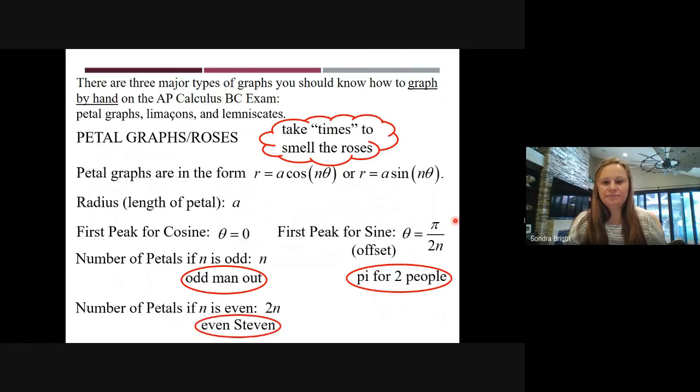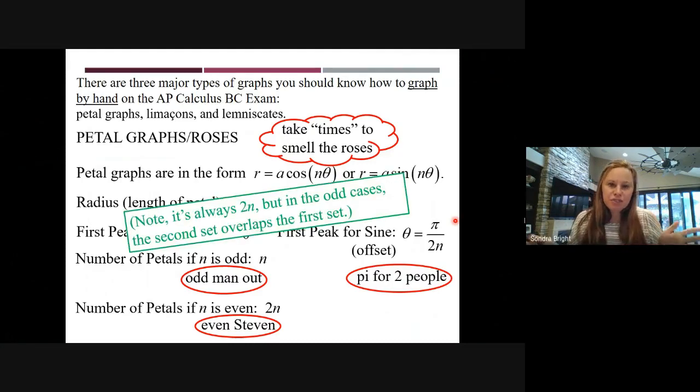Even Steven, Steven's got 2 friends. So if n is odd, there's just that many petals, but if it's an even number, then you'll have twice as many petals as the number that's there. What's really happening is it's always 2n, but with the odd cases, the second set just overlaps the first set.